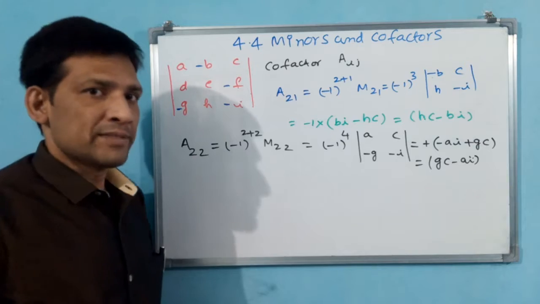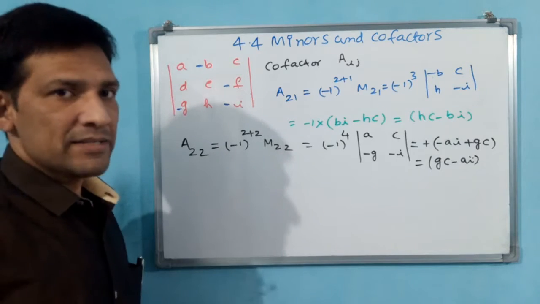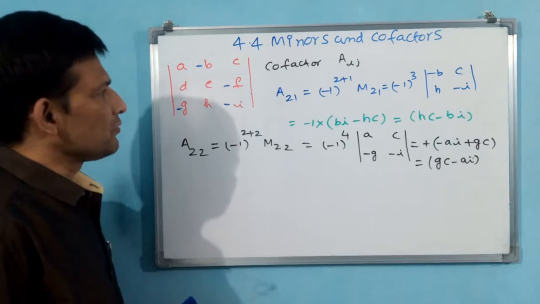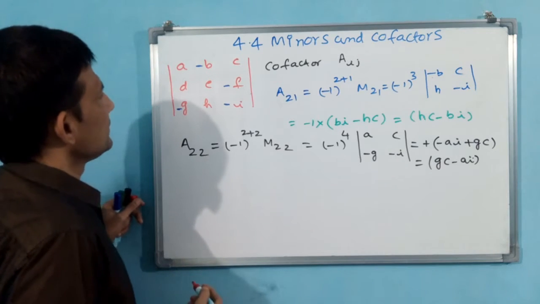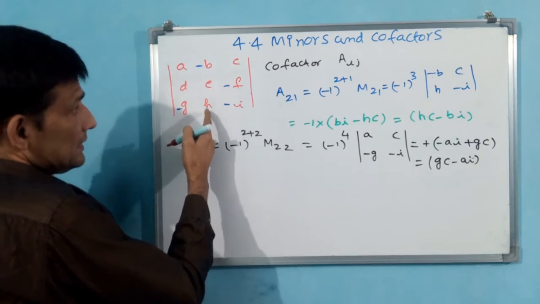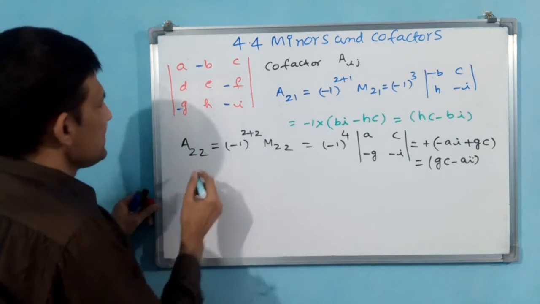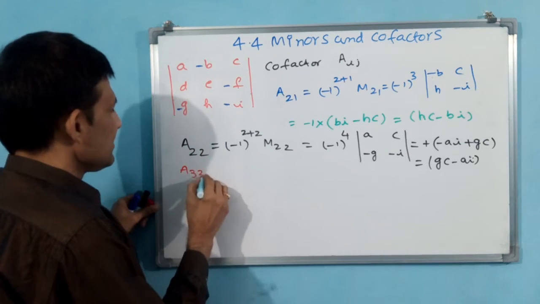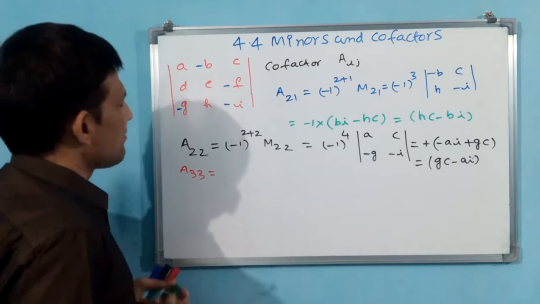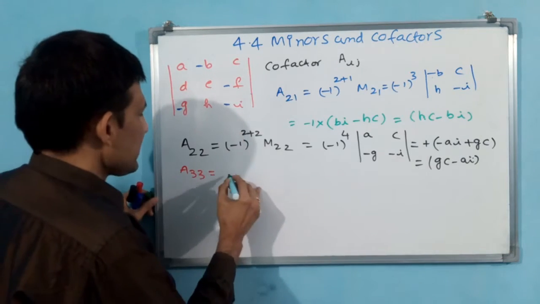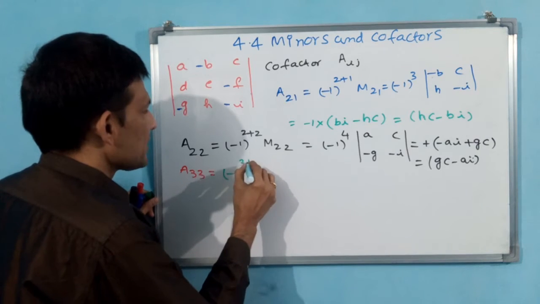One more cofactor we will take, then we go for an example, because this is a generalized form. One example also we will take. I will take A33. A33, if I take, automatically is minus 1 whole power 3 plus 3. Why?